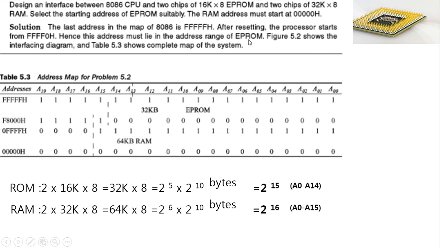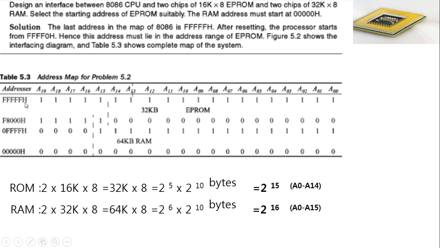In this particular case, consider that the RAM space and ROM space are not continuous memory. The RAM space starts from 00000, this is a condition given in our question, and ends at 0FFFFH. Some bytes are kept unused, and the EPROM starts from F8000H and ends at FFFFFH.